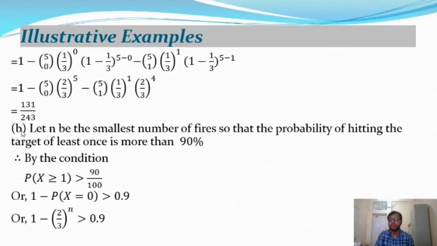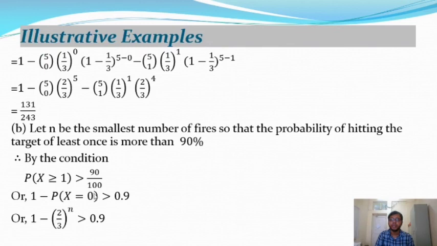After that we look at the second part of this problem. Let n be the smallest number of fires so that the probability of hitting the target at least once is more than 90%. By the conditions, the probability of x greater than or equal to 1 is greater than 90 by 100, that means 90%. By the properties of the probability function, the probability of x greater than or equal to 1 equals 1 minus the probability of x equal to 0, and this is greater than 0.9.